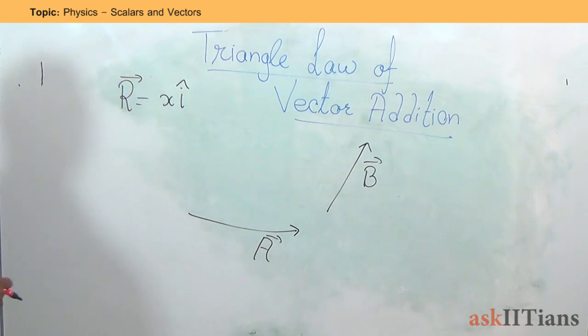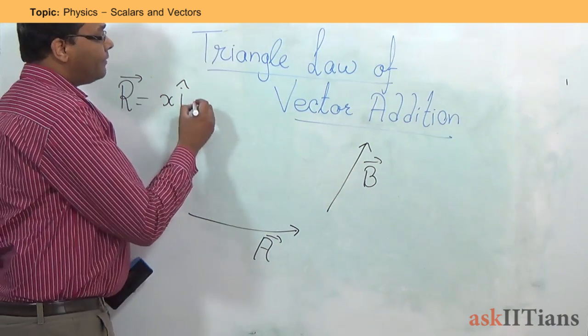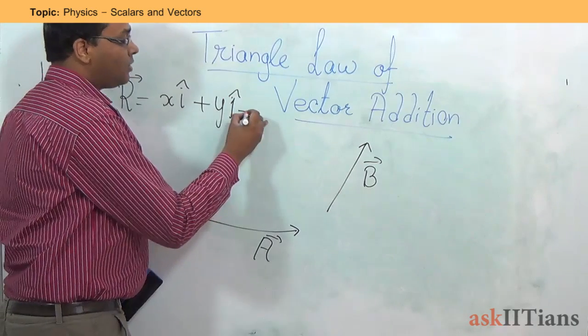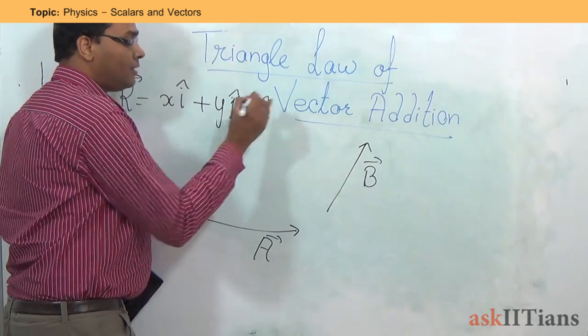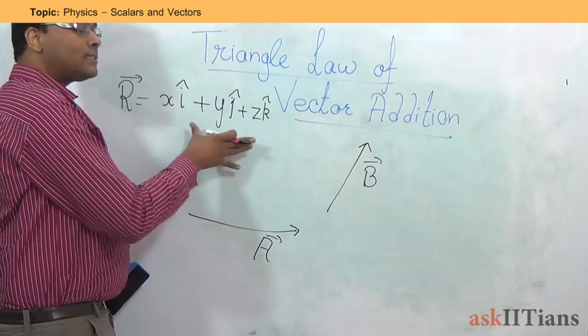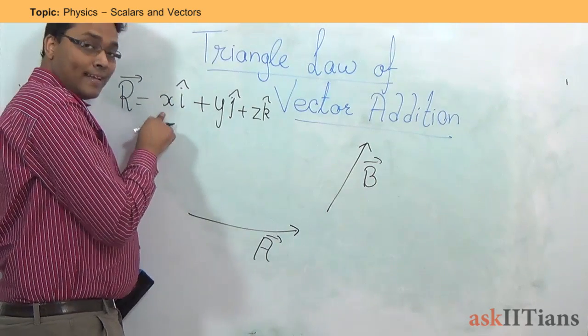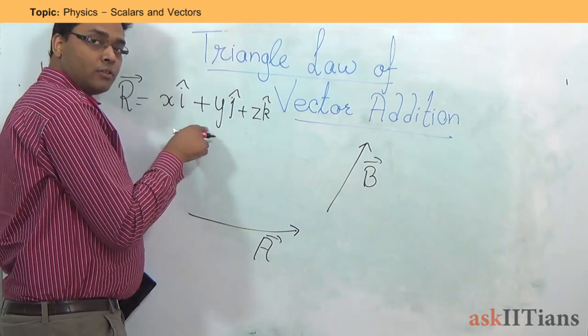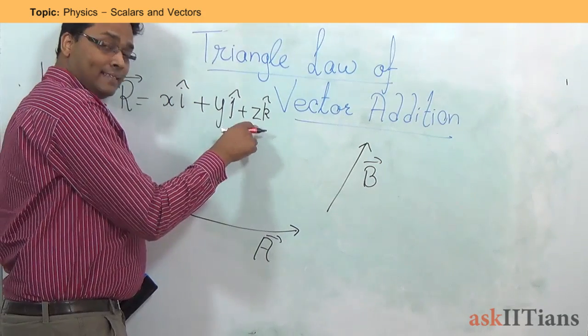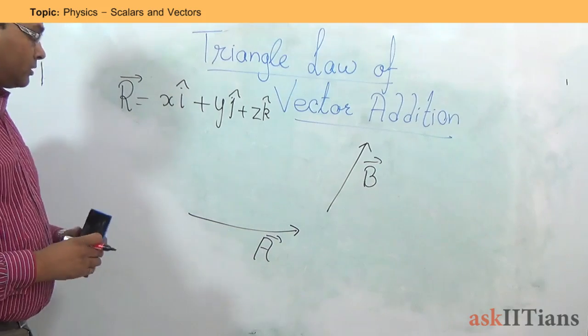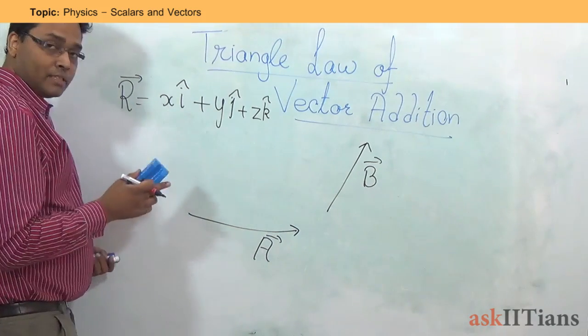Further, we will say x I cap plus y j cap plus z k cap. So x is the magnitude of the vector along the x-axis, y along the y-axis, and z along the z-axis. If you wish, you can take any other values, it doesn't matter. This is the representation that we have.